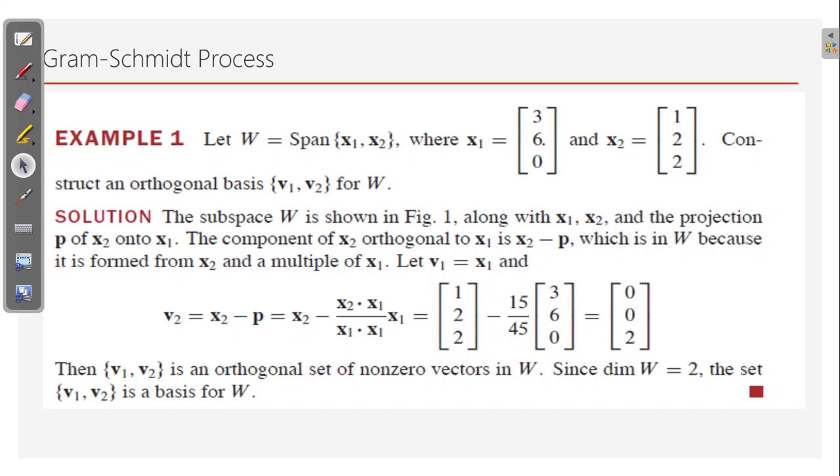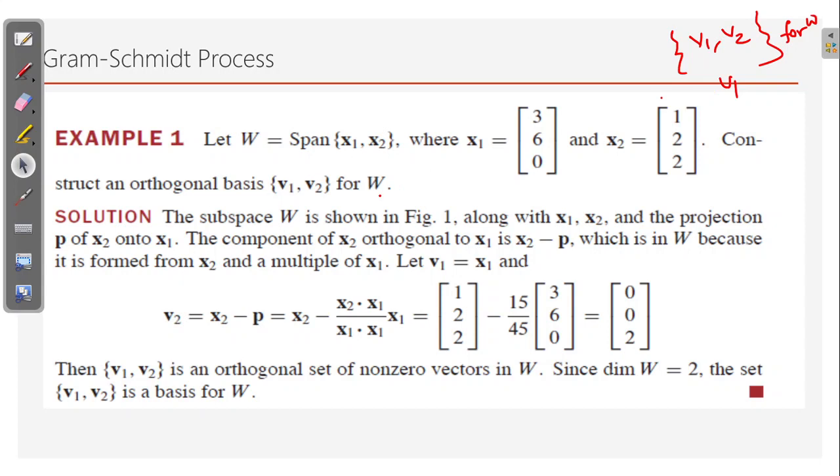Now the examiner is asking you to construct an orthogonal basis, that is a set v1 v2, orthogonal basis for w. Orthogonal basis means, first, what are the conditions to have a basis?